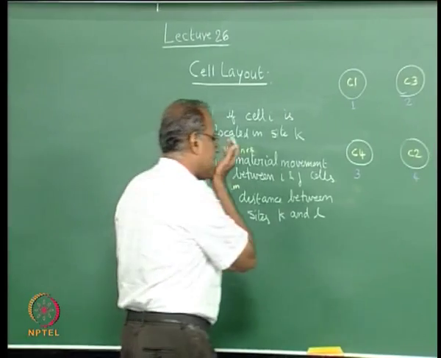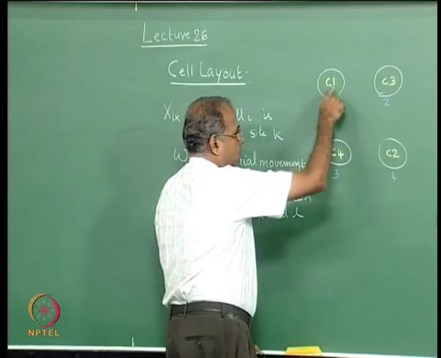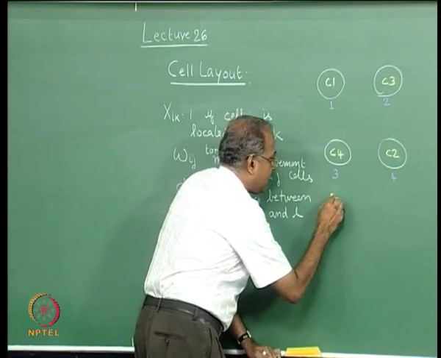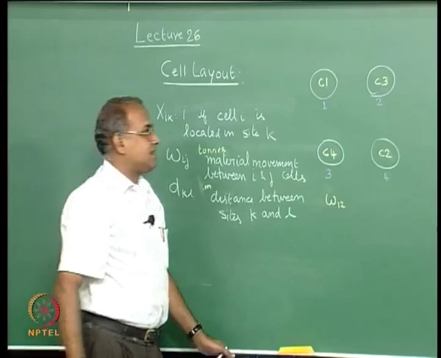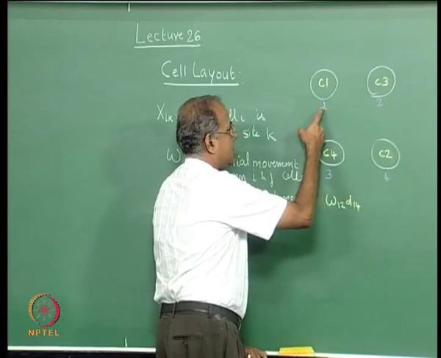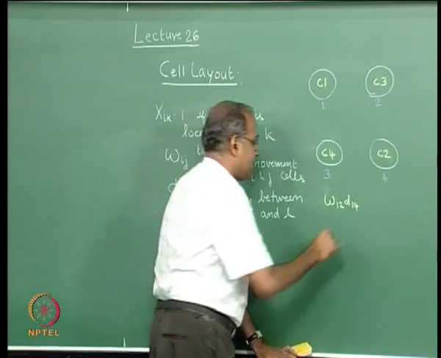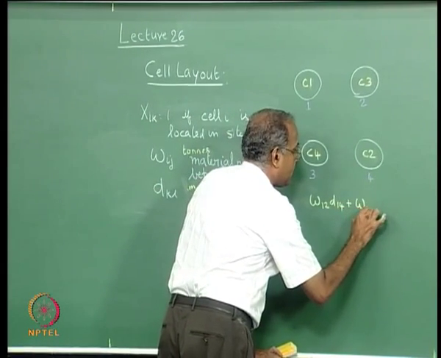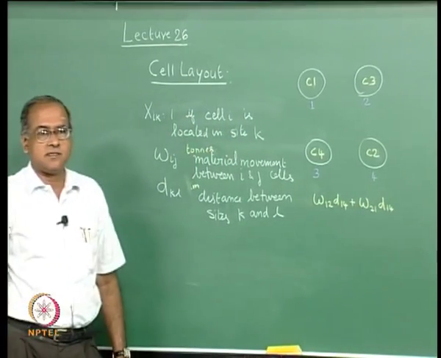Material movement will be, between cells 1 and 2, there is a material movement of W12 and that travels a distance d14. There could also be a material movement of W21 which also moves a distance d14.